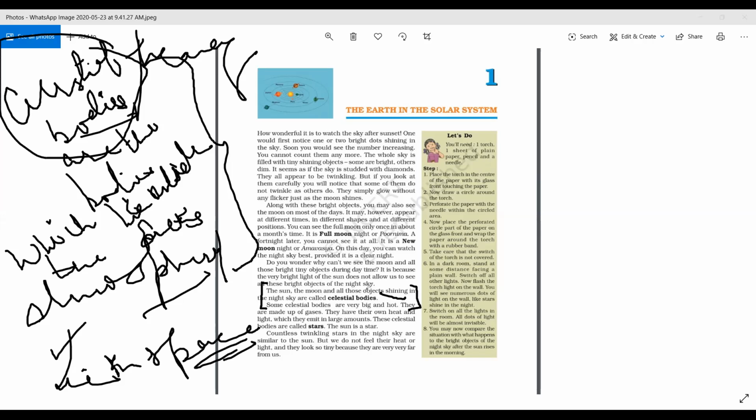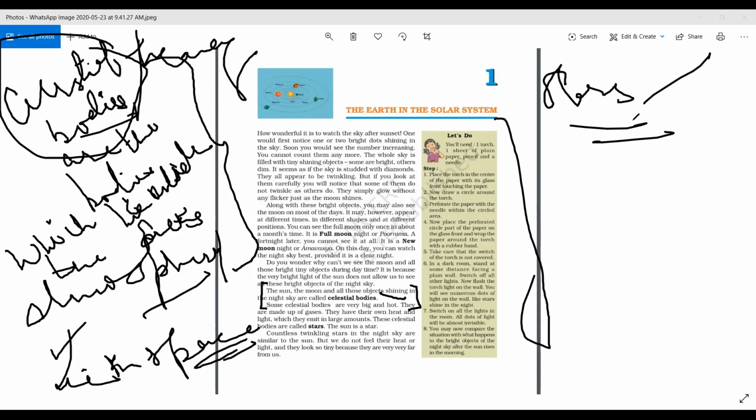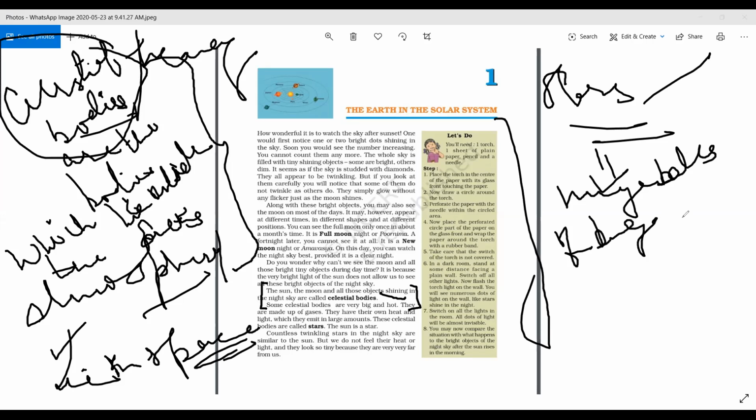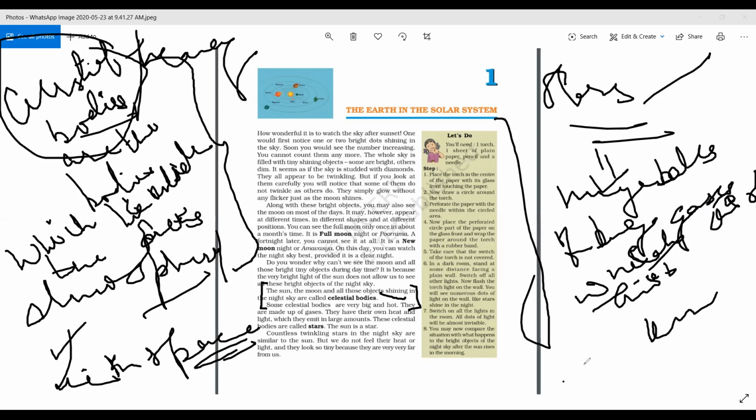Then stars. What are stars? The Sun is a star. Stars are huge balls of burning gases which emit their own heat and light.